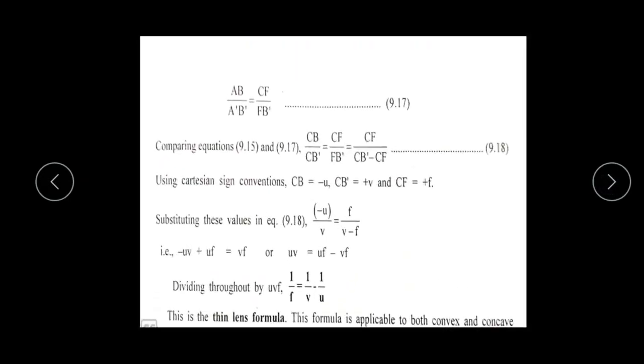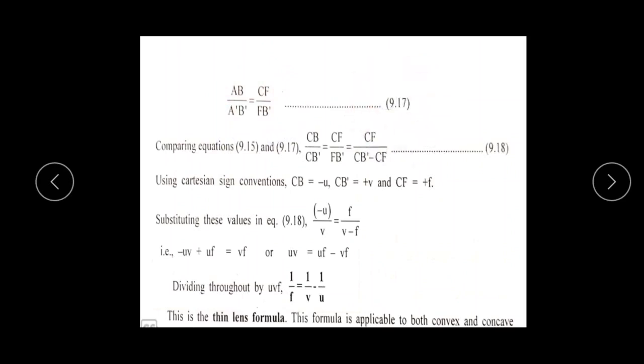Now the above equation becomes, instead of MC, we write AB, and the remaining terms are as they are. So that is AB divided by A dash B dash equals CF divided by FB dash. This is the next equation.